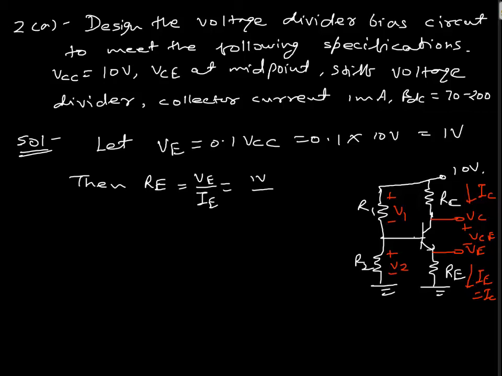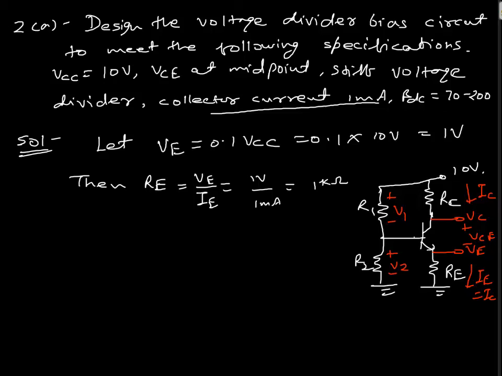See here, the collector current is given as 1 milliampere. Collector current is same as the emitter current. So 1 milliampere, which gives 1 kilo ohm. So this should be the value of RE.